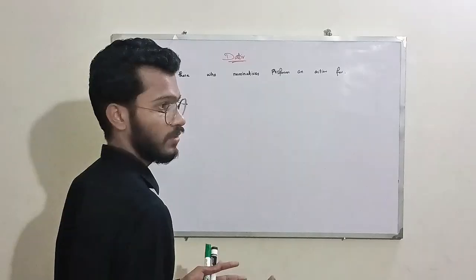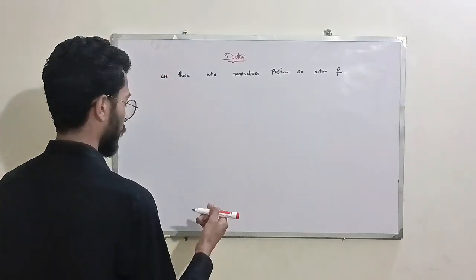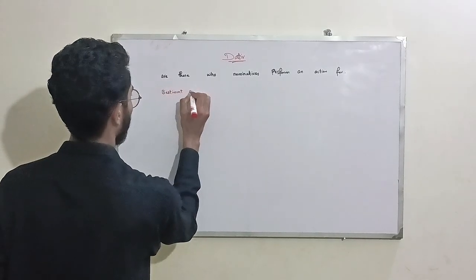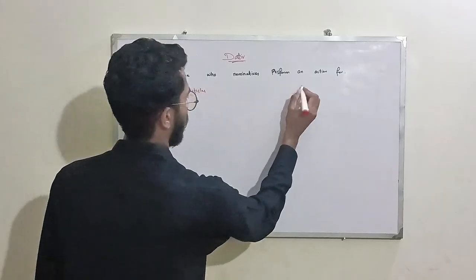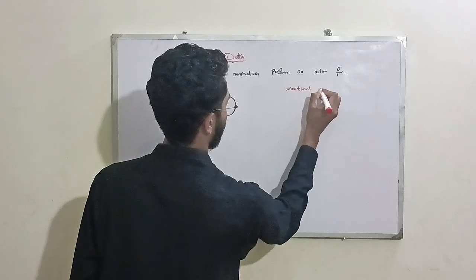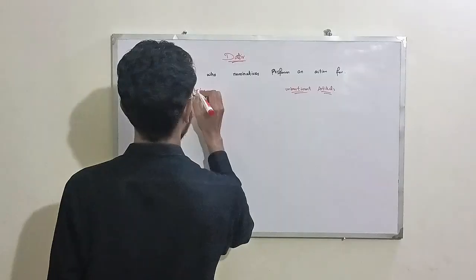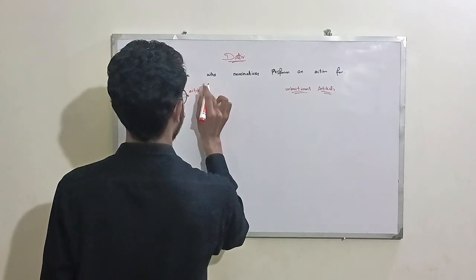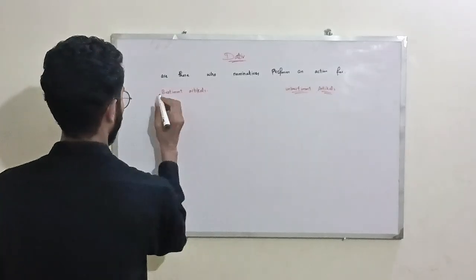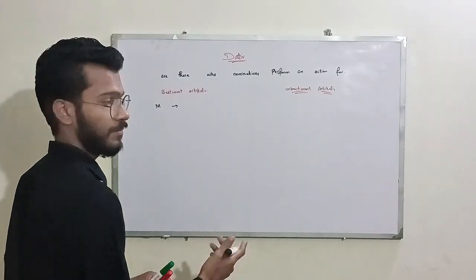First, we need to know the distinct and undistinct articles for datives. Distinct articles: for masculine, der changes to dem.